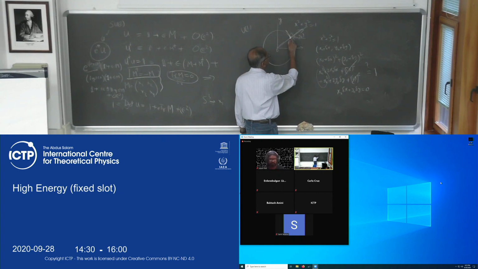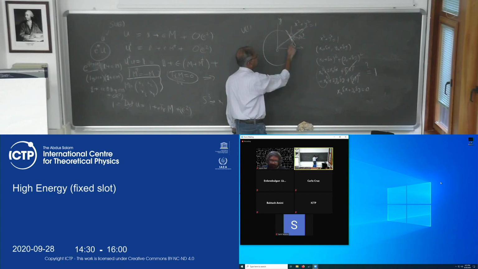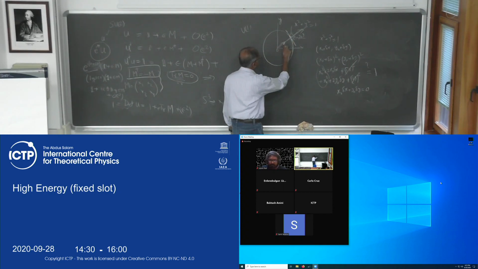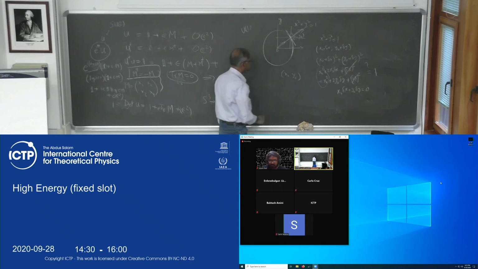Its components along the x and y axis are simply x0, y0, right? This vector is simply given by x0, y0. Let's just call it v.